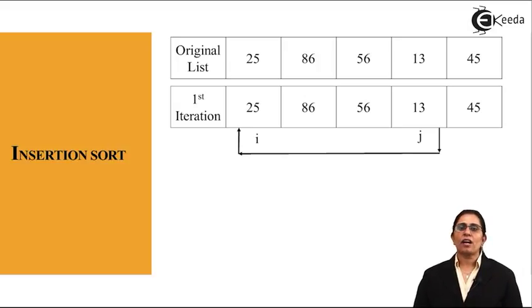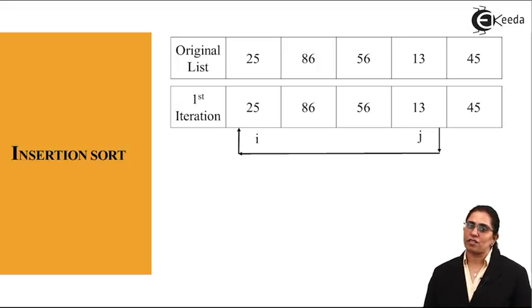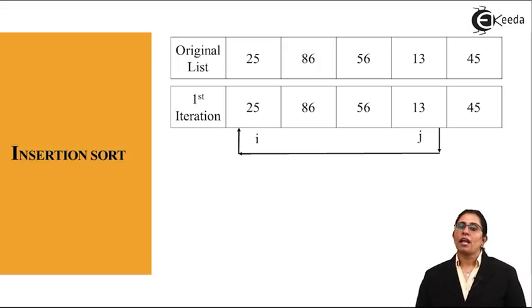But again we come to the same conclusion that 25 is not greater than 56. So there is no exchange that takes place. So j is incremented by 1 and j reaches the location of 13. It reaches a location where I find an element 13 and 25 is greater than 13. So here we apply the insertion sort method.